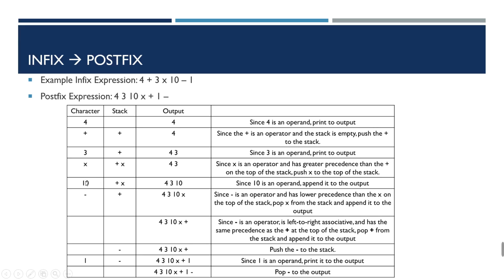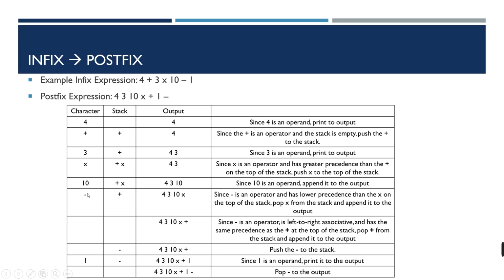And then since 10 is an operand, append it to the output. After that, the minus. Since the minus is an operator and has a lower precedence than the times on the top of the stack, pop the times from the stack and append it to the output.